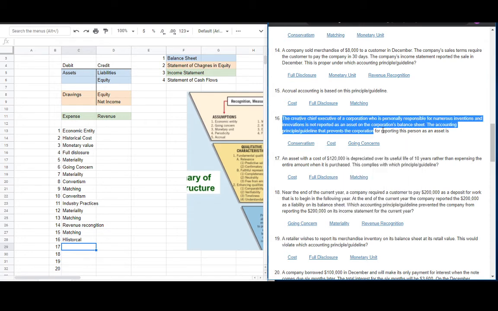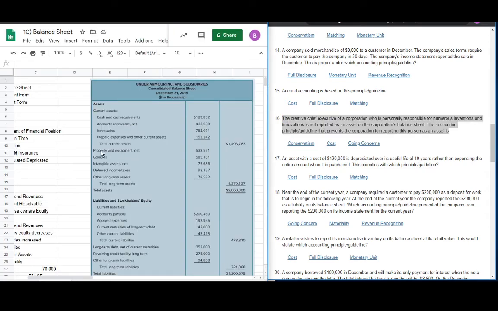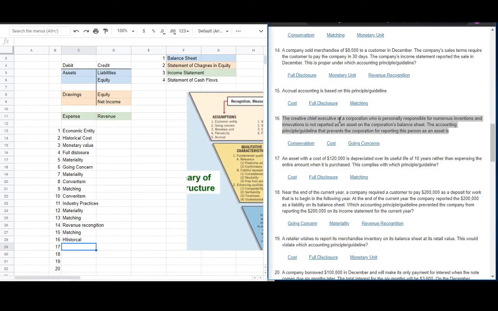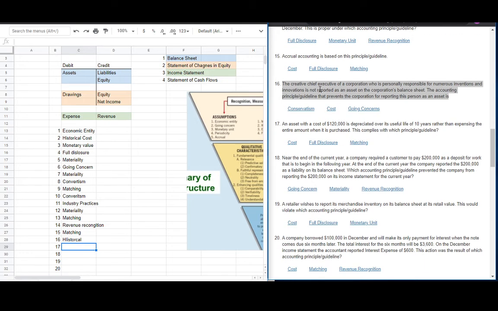Ibig sabihin nito na yung mga internally generated brand name, for example, di siya recognize sa balance sheet. However, we have rules about intangible assets. Kapag naman we pay licenses, royalties, we recognize it. However, this is internally generated which has no value talaga. It is subjective. So, as much as possible, we do not put a balance in the financial statements.